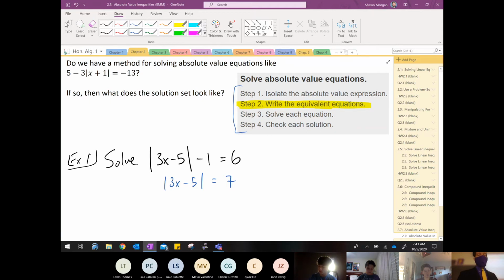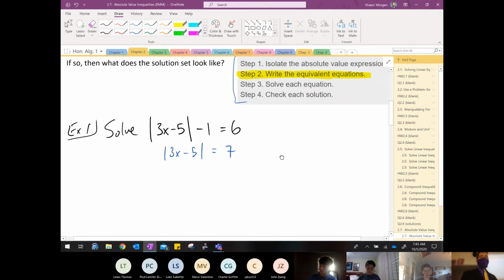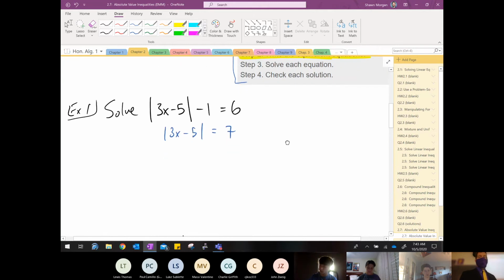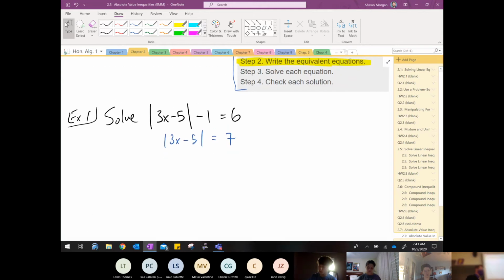Because absolute value of, let me make sure y'all got your steps still where you can see. Absolute value of something equals 7 means that that something, whatever it is, in this case 3x minus 5, lives 7 spots away from 0 on the number line. So look at what I can do visually. You guys will see this all year long, how I like to visualize a problem. Here's 0, here's 7, here's -7. Okay, 3x minus 5 is 7 spots away from 0.